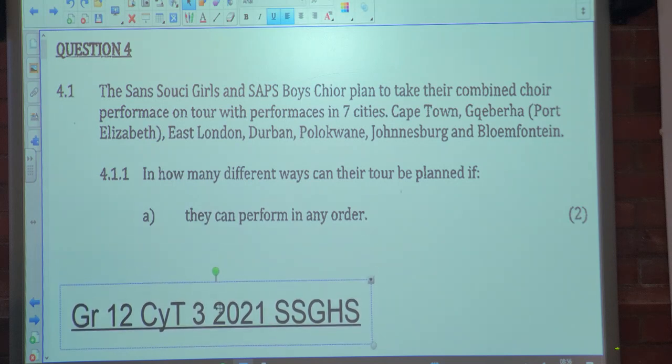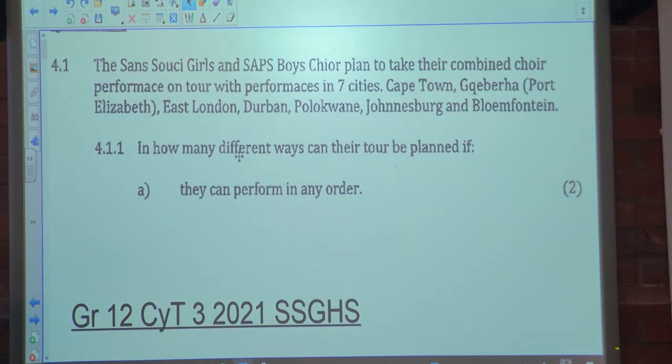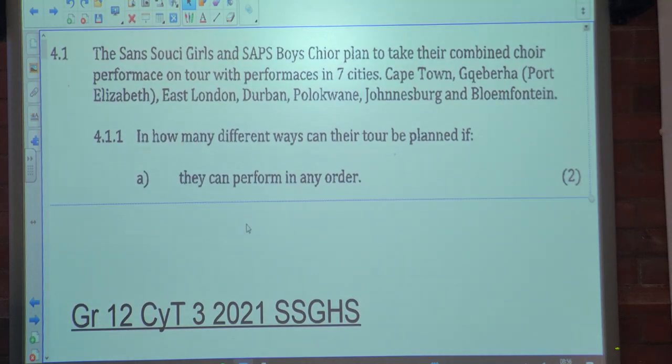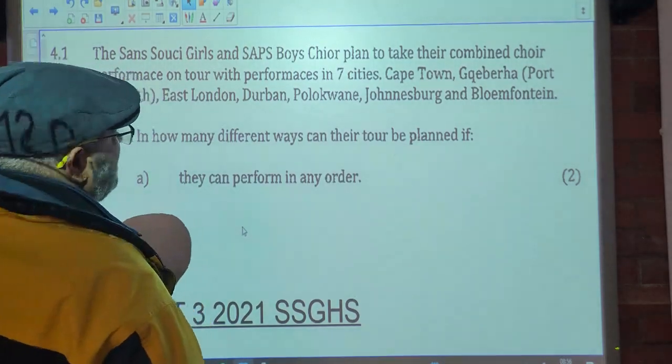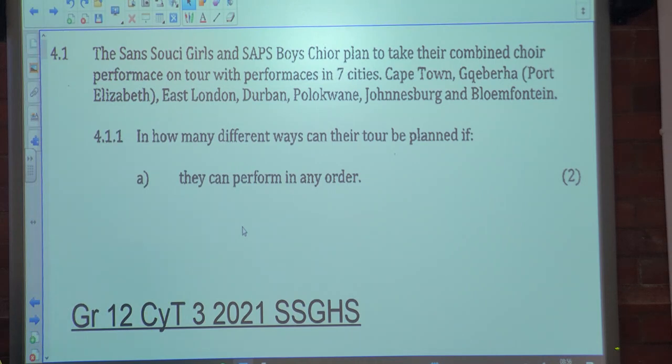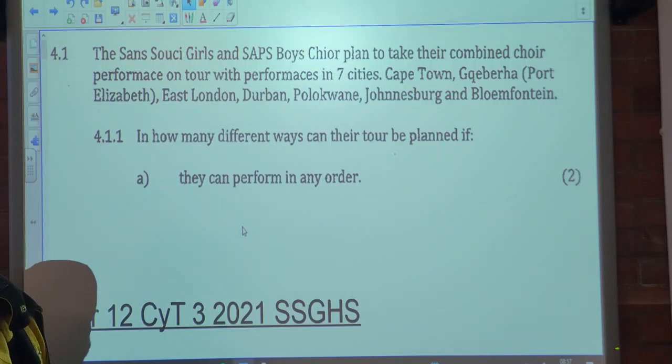Right, question 4. St. Susie Girls and SAPS Boys choirs plan to take the combined choir performance on tour with performance in 7 cities: Cape Town, Gqeberha, Port Elizabeth.